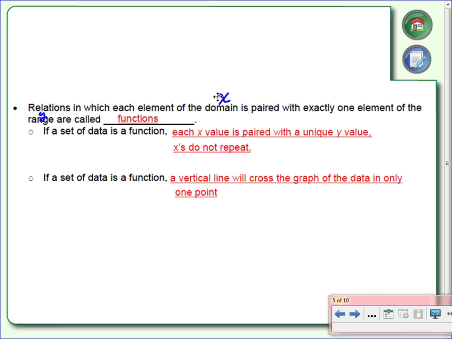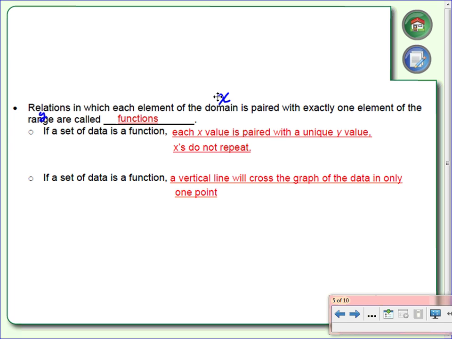Two other words here, discrete and continuous. The word discrete, what is that? Points that are not connected. Continuous means points that are connected. Function. A function is a relation or a set of ordered pairs where the x's do not repeat. X's do not repeat in a function.